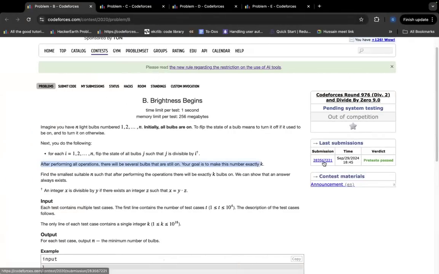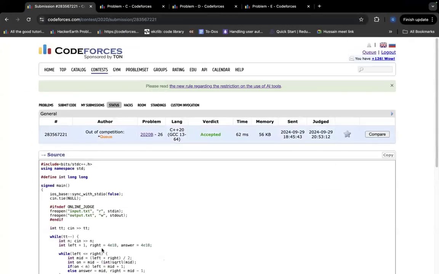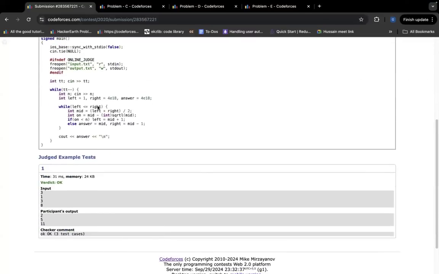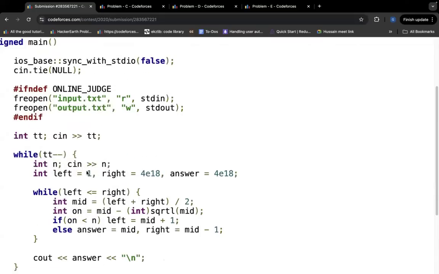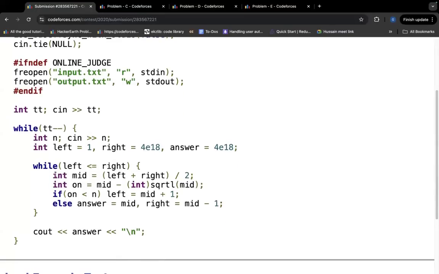Let me show you the implementation. All right. So my left is 1, my right is 4 raised to 18, and my answer is initially 4 raised to 18. Int mid is left plus right divided by 2. The number of light bulbs on is going to be mid minus sqrtl of mid.